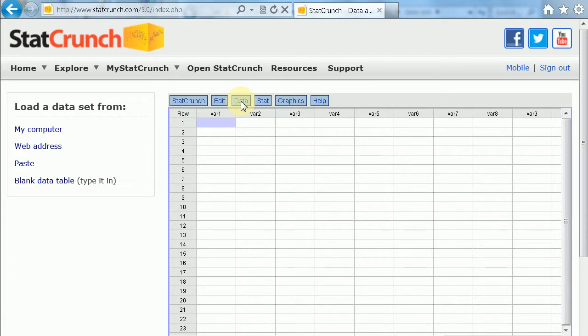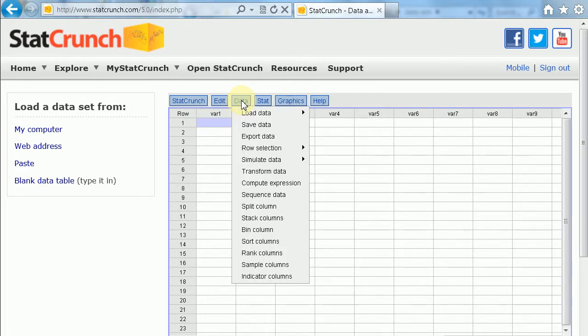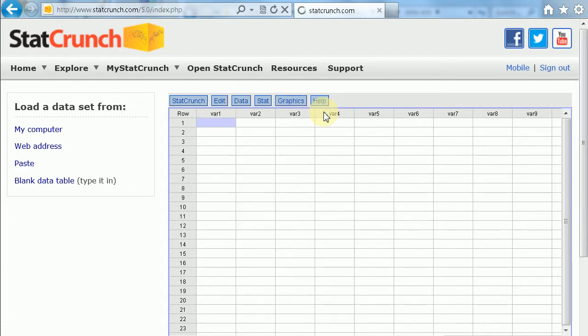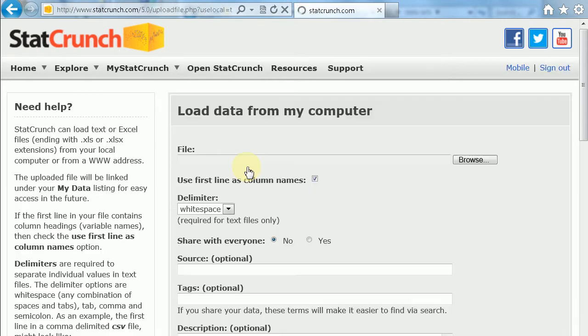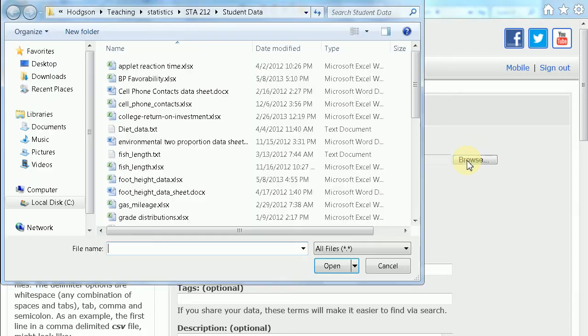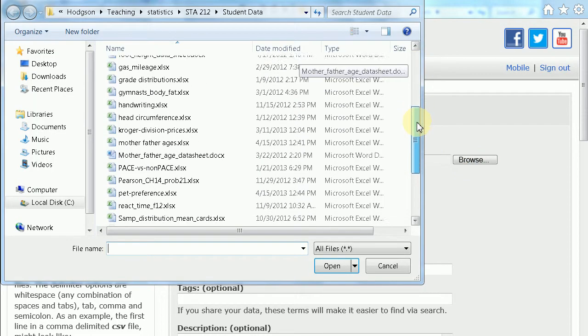I've asked this over the years, and when I want to load my data, remember, I go to load data from a file. The file is located on my computer. I need to browse, and this file is named pet preference.